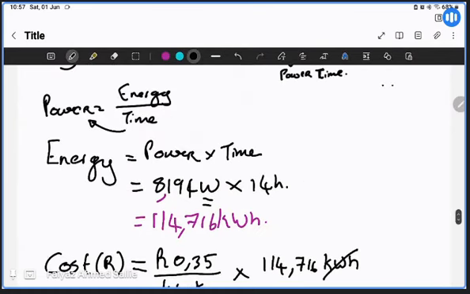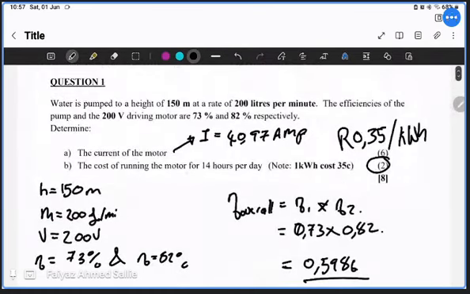So that is how much it's going to cost per day. So the cost is going to be, sorry, not 14 rand, 40 rand per day. So there you have it.